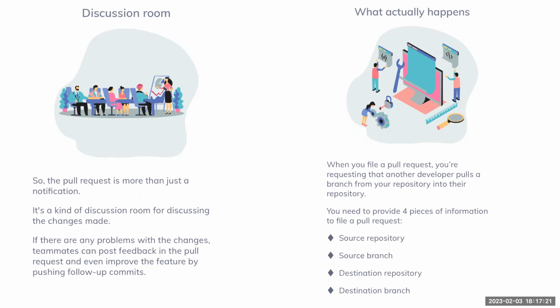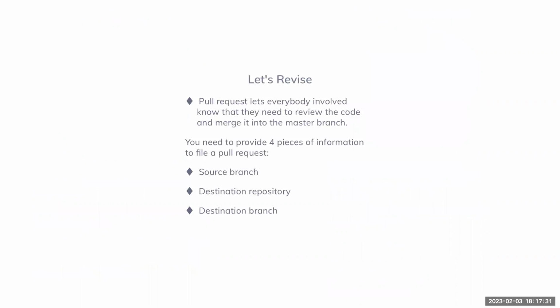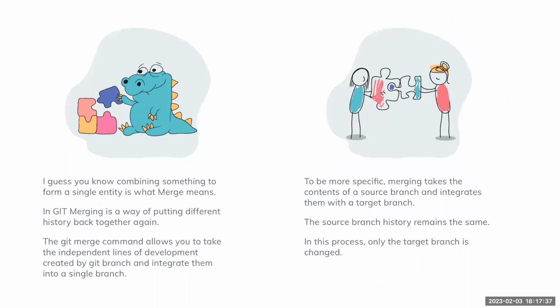These four details help us push the code from which source repo to which destination repo. This is the same thing, I just wanted to repeat it. Okay, let's go for the next topic.